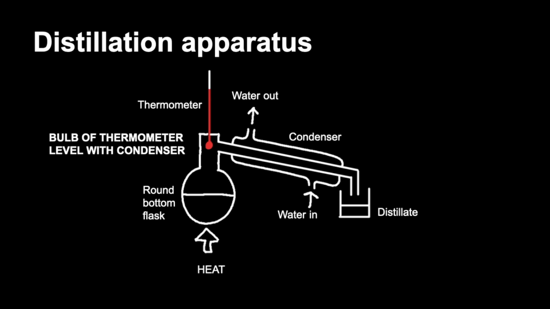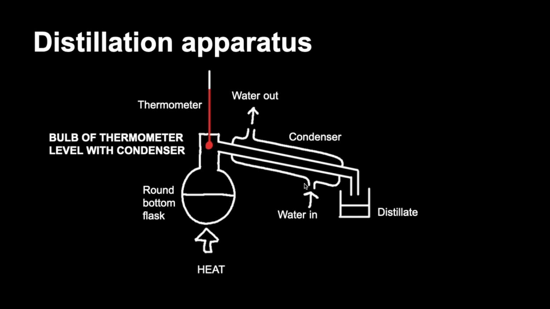So we'll start with distillation, some key things to point out here. So obviously you've got a flask with some chemicals in, you need a heat source, and a thermometer. Make sure the bulb of your thermometer is in line with the central tube of the condenser. Obviously this is your condenser here. Make sure you get the water flow direction right, so water always goes in at the bottom of a condenser and it comes out at the top.